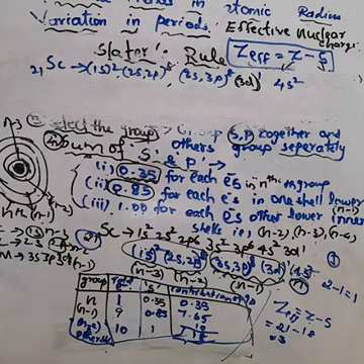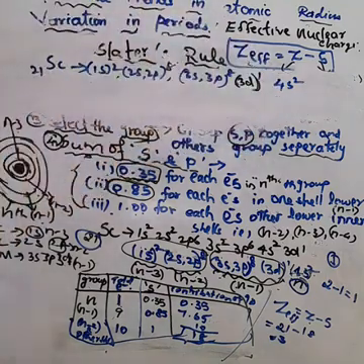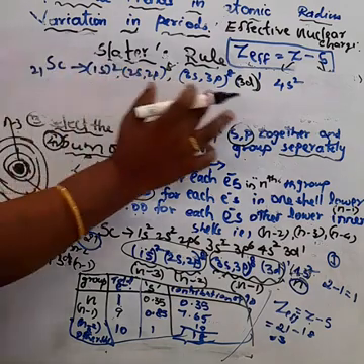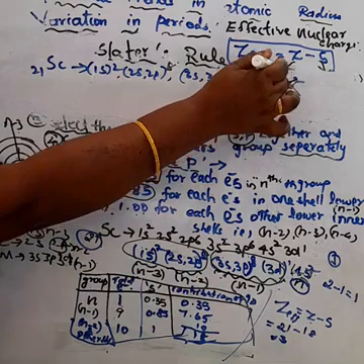Which electron are we going to calculate? That is the 3d electron. According to Slater's rule, step 2: identify the group in which the electron of interest is present. The electrons to the right of this group do not contribute to the shielding effect.